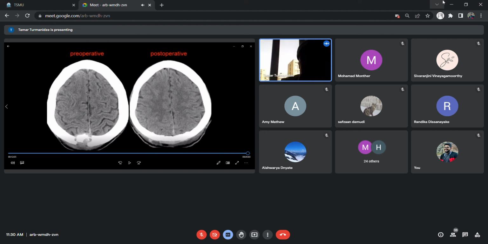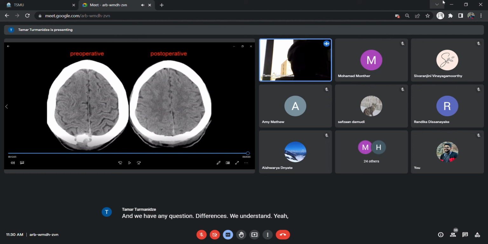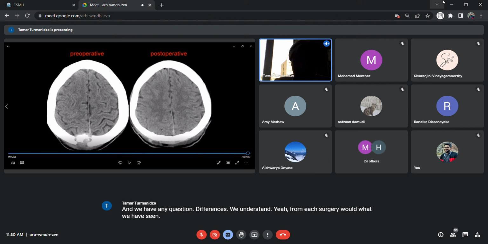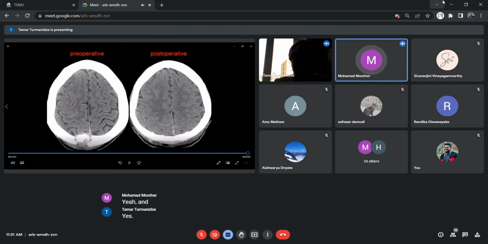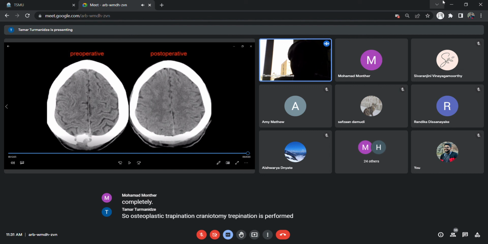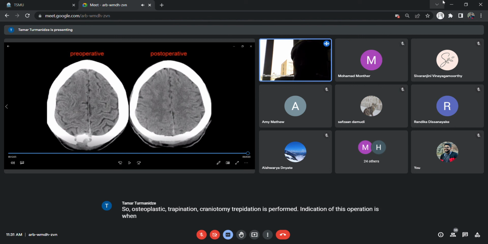Have we any question? Differences, we understand, yeah, between each surgery, what we have seen, craniotomy and cranioectomy. In the ectomy, the bone is removed completely. So osteoplastic trepanation, craniotomy, is performed when the aim is to remove a pathological process which is located in the cranial cavity.